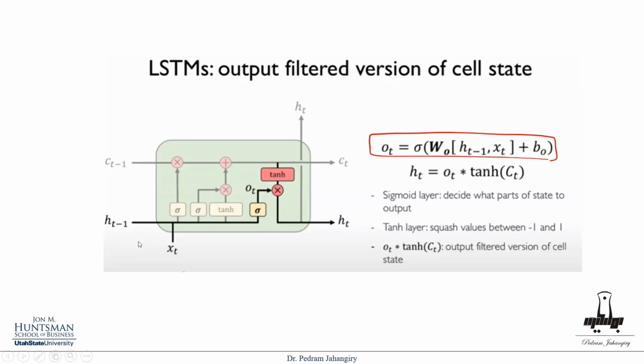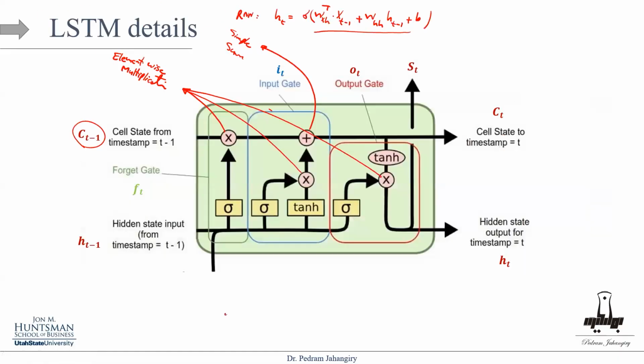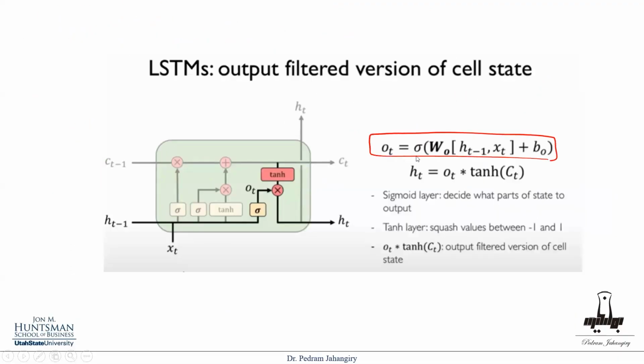Just look at that. I have XT, HT minus 1, and a sigmoid. This is literally your RNN. Are we good? Okay, so I have that one.